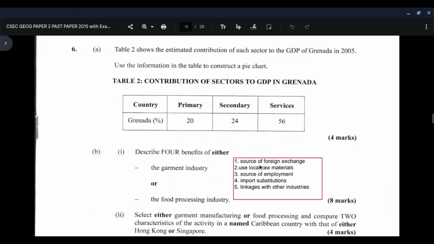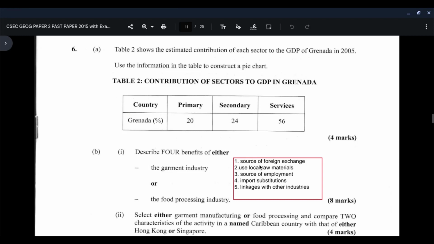They create employment, especially for skilled and unskilled laborers within the Caribbean, so they're a source of employment. They use import substitutes, and they are linked to other industries. Linked to other industries in the sense with food processing, let's say we are using milk.